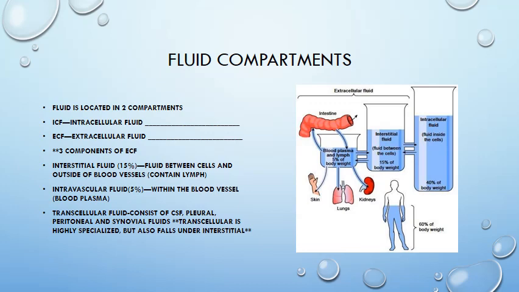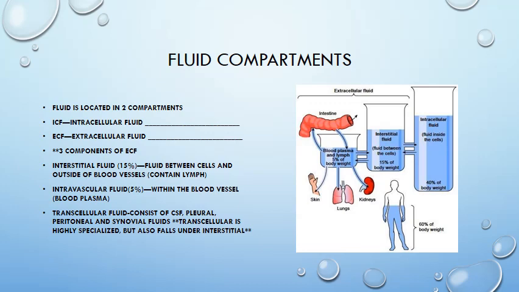So all of that fluid, there's interstitial fluid, and that is the fluid that is between the cell and the vascular space. Okay, so your vessels. Then there is intravascular fluid, and that is the fluid in the vessels or the vascular space. And then the last one, which doesn't account for a very high percentage of it, but just so you know, it's called transcellular fluid.